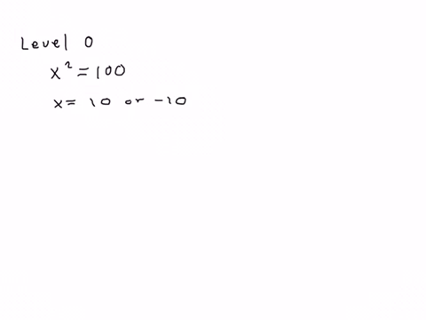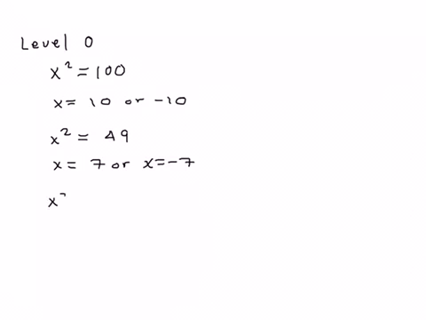Let's look at another one. How about x squared equals 49? That means something squared equals 49, so what must that be? That's going to be x equals 7 or x equals negative 7. Okay, let's try another one.